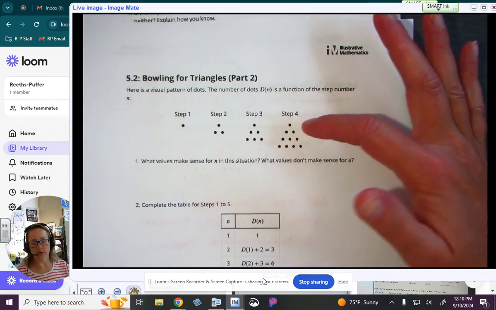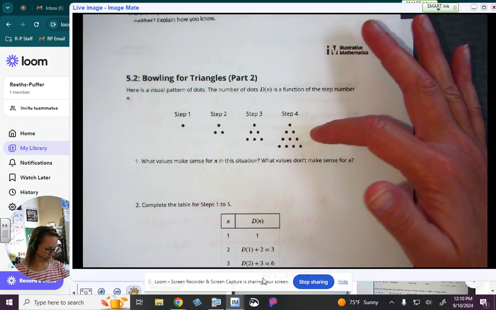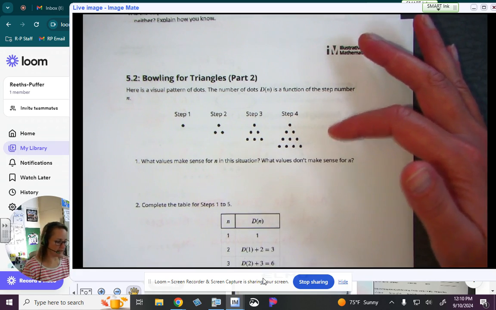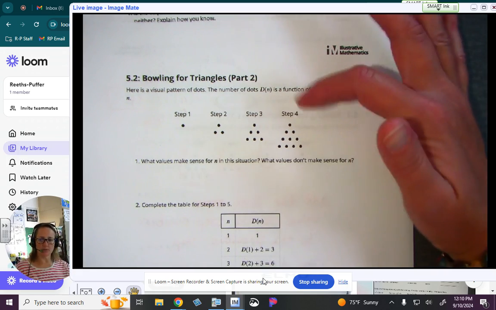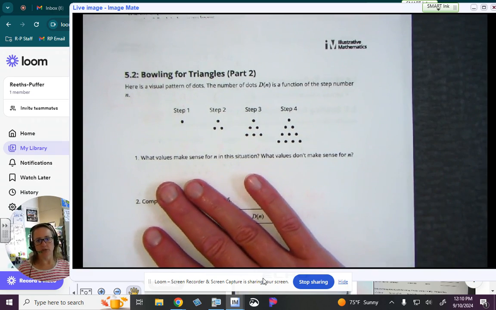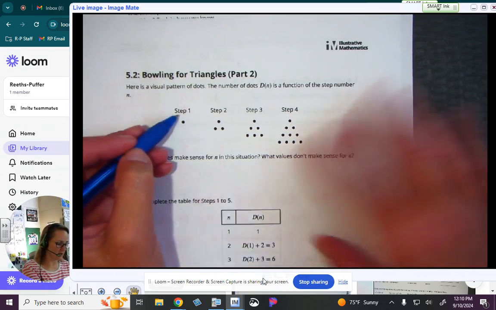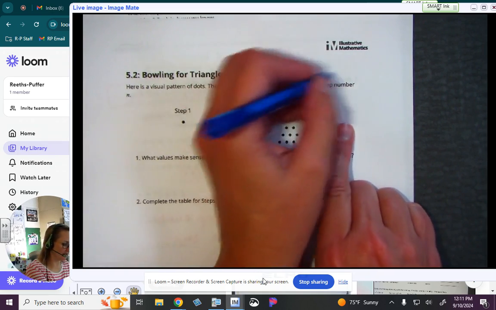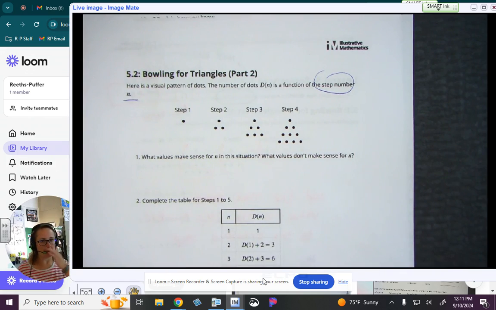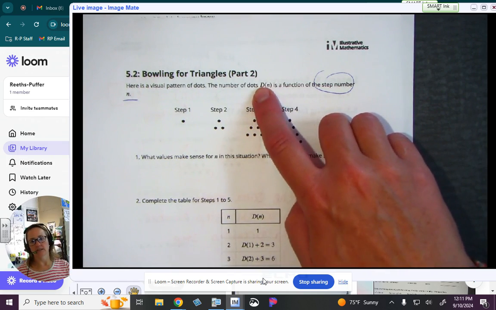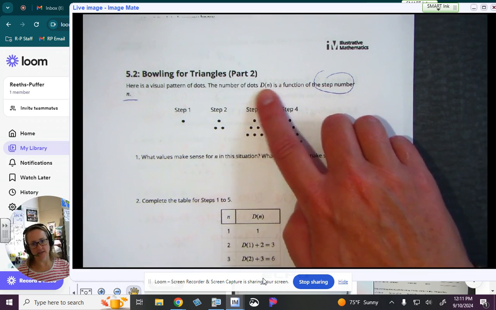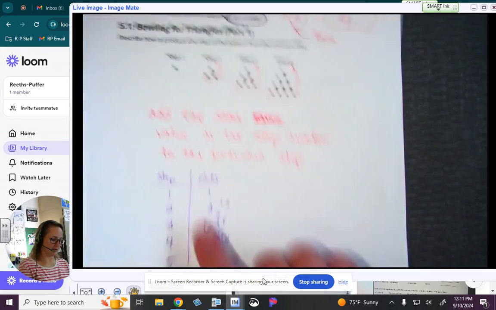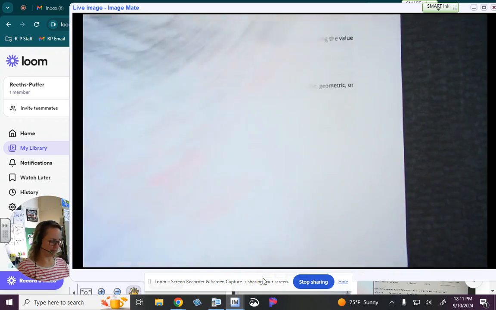So here's our visual pattern of dots. We just said how we were going to do it. And it's all about step numbers. So when it asks us what values make sense for n in this situation, well, if n is our step number n, and we're going to be writing a function d of n, like dots, as a function of the step number, which is exactly what I used right here, step number and dots.